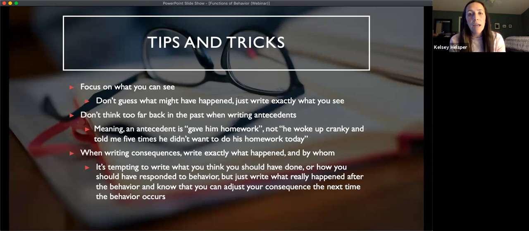So I will say too, it's tempting to write what you think you should have done or how you should have responded to the behavior, but it's really important to just write down exactly what happened, even if you think there could have been a better way that you could have approached your consequence. Writing exactly what happened will help you to identify maybe the pattern in your own behavior and the way that you respond to that behavior.